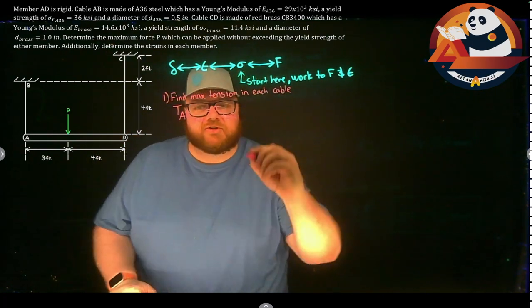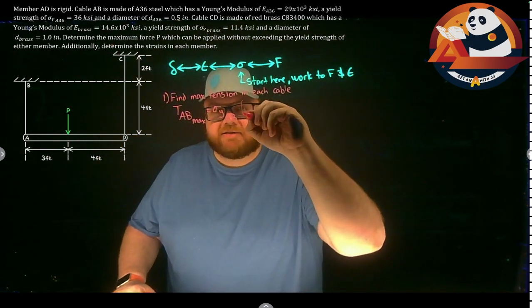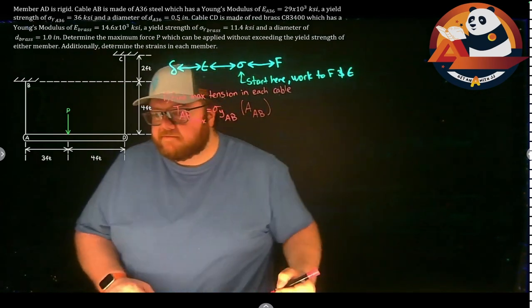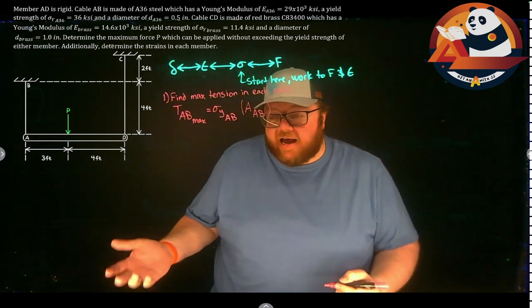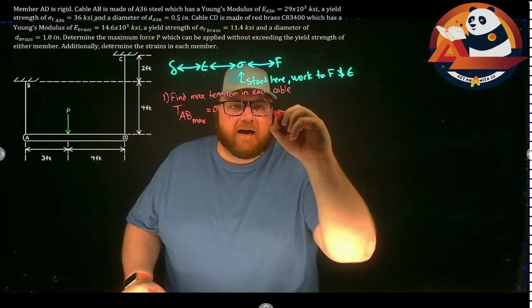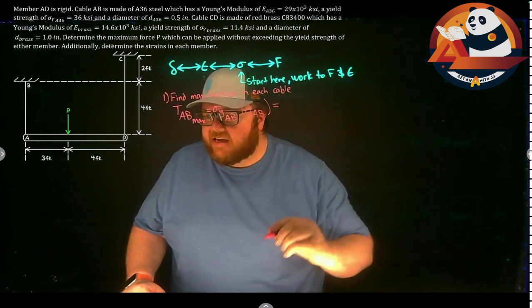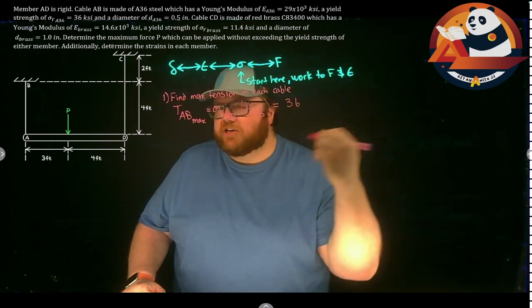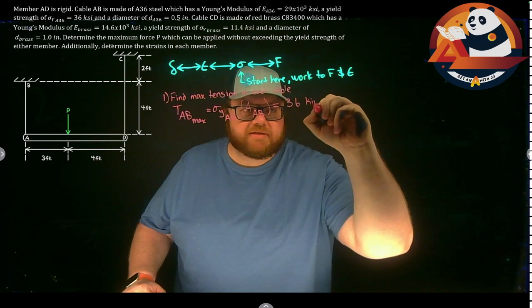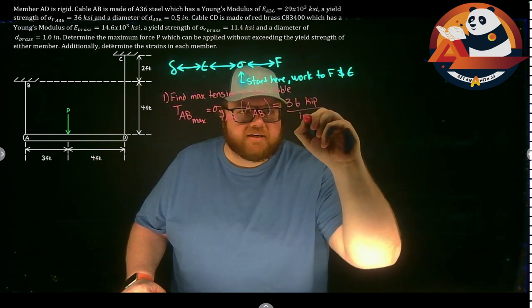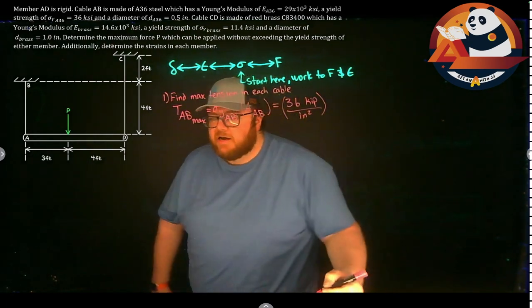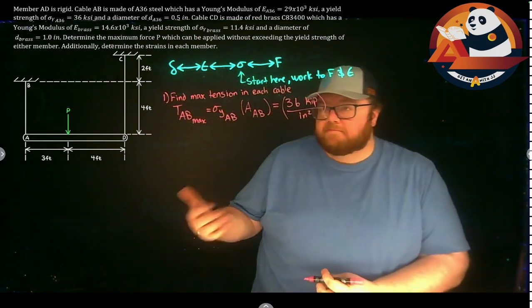So my force is stress times the area of AB. I know my yield stress is 36 KSI. So let's check our units here. That would be kips divided by inches squared, my sigma y, times my area.